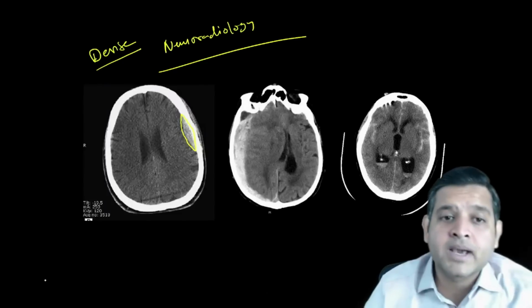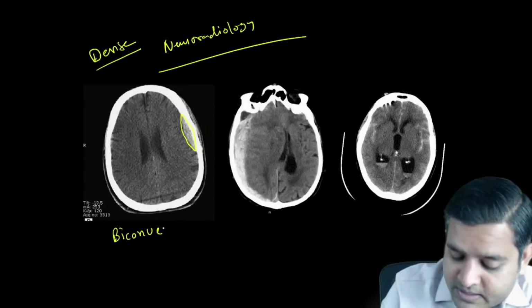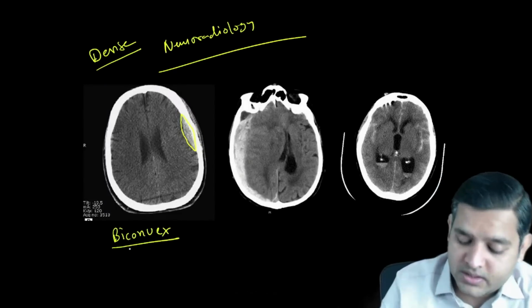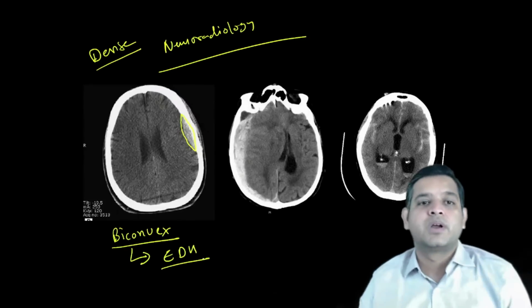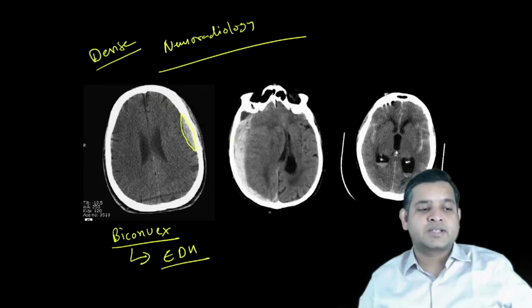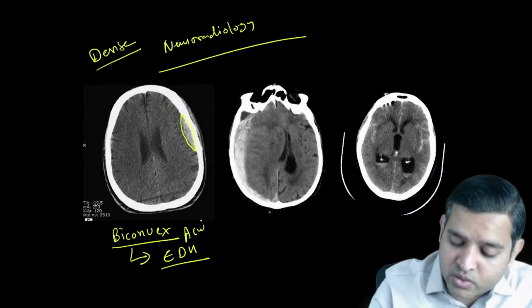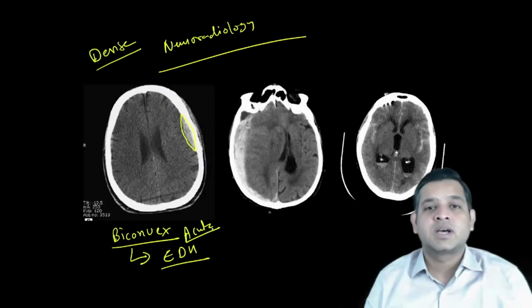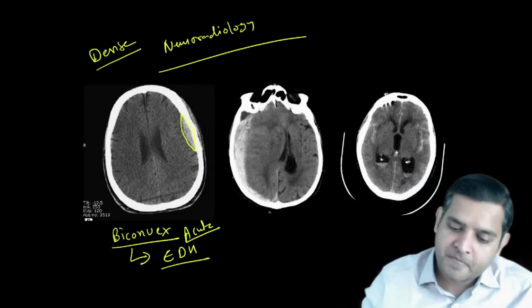If you are seeing a biconvex hyperdense collection, you are dealing with a case of EDH, extradural hemorrhage. And what kind of extradural hemorrhage? Acute. Why acute? Because it is hyperdense.